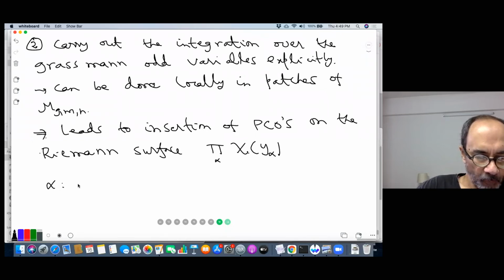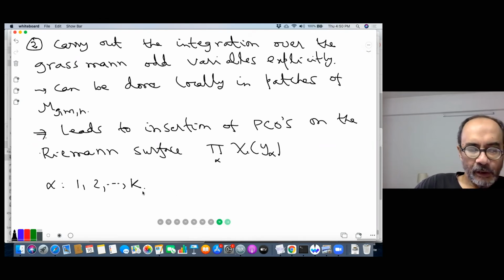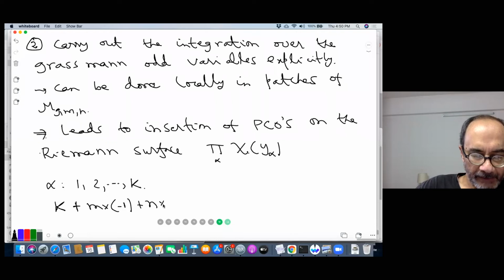Alpha runs from 1 to the number of picture changing operators, which we can figure out. Let's say k. To figure out what the value of k should be, we have to use picture number conservation. The k picture changing operators will have picture number k, since each has picture number 1. Then we have m Neveu-Schwarz vertex operators, so m times -1, plus n times -1/2.